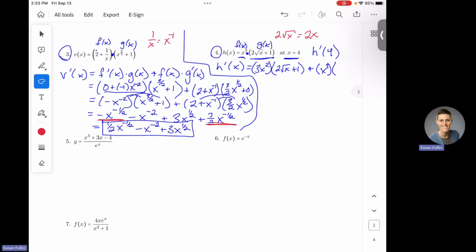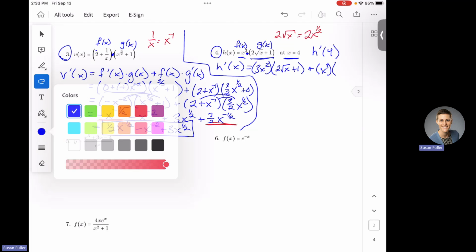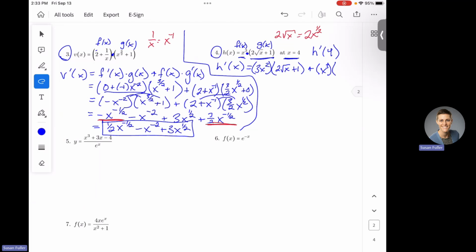What power would you need here? Yep, 1/2. And so now that I've rewritten it into 2 times x to the 1/2 power, I can take the derivative of that. It's going to be 2 times the derivative of x to the 1/2, which is going to be 2 times 1/2 times x to the 1/2 minus 1, which is negative 1/2 power.